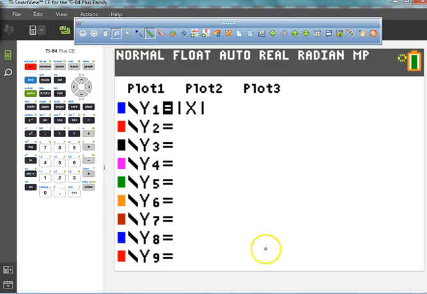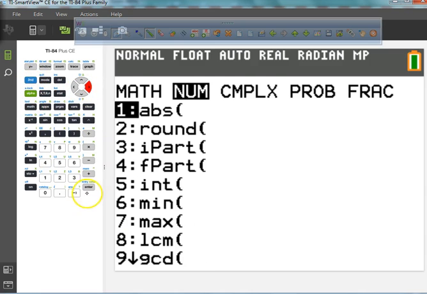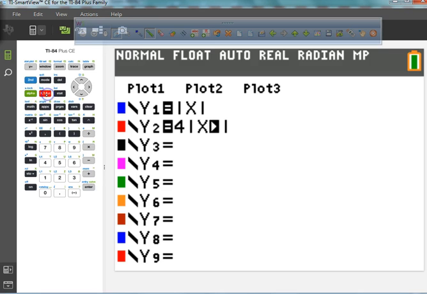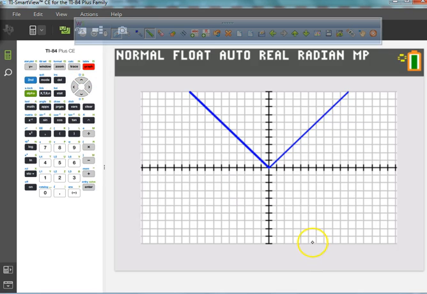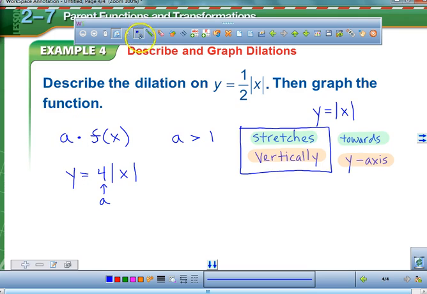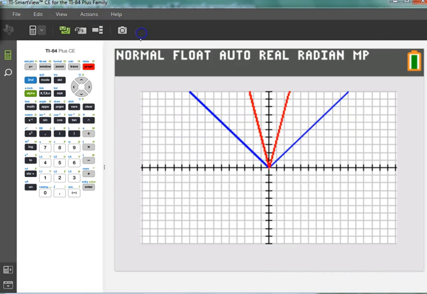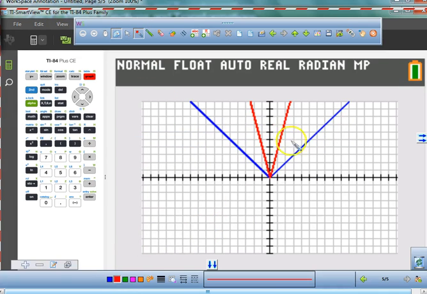So that's your original function. Now watch what happens when I go y equals, and what do I do in front of it? I put a 4. Now, right arrow, enter, x, graph. So here we go. What was our original function right here? Our original function was y equals the absolute value of x.